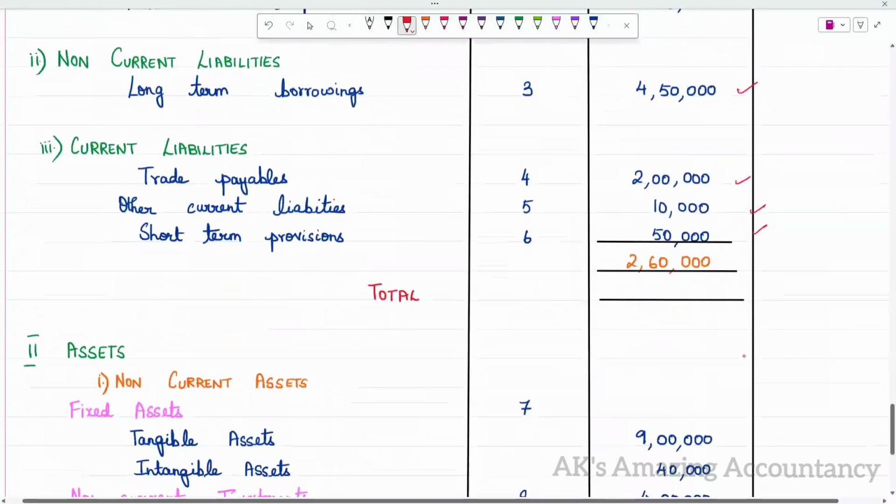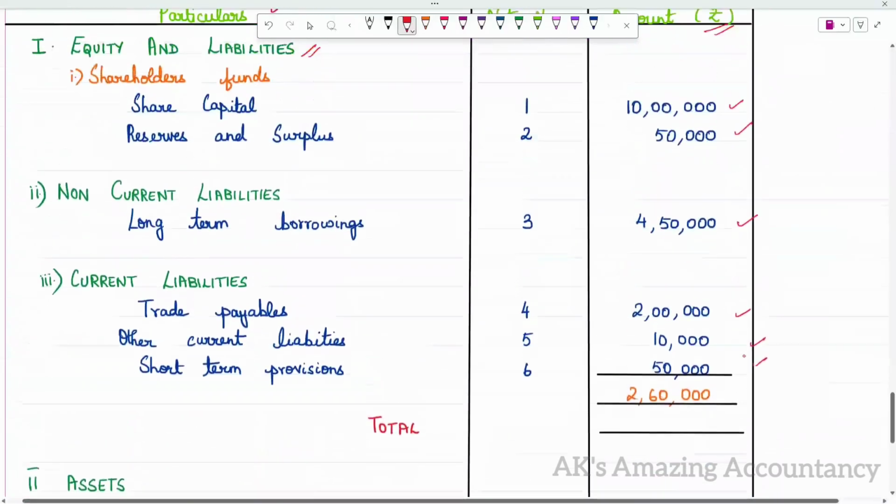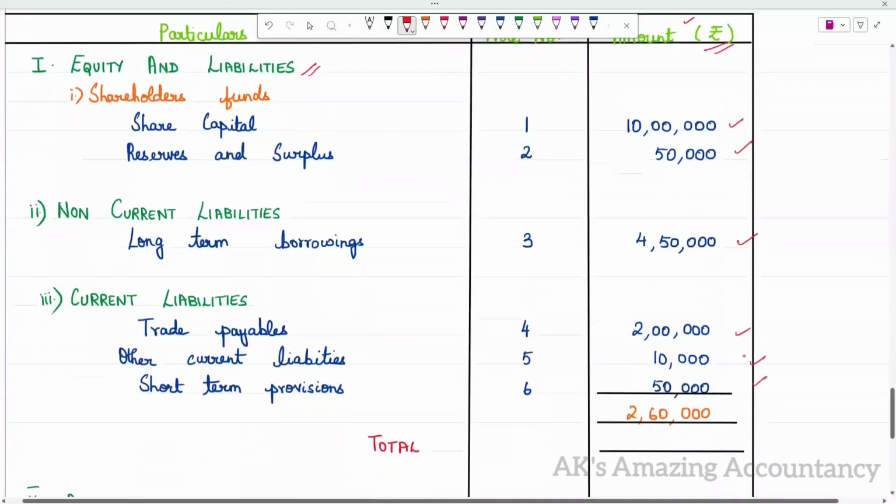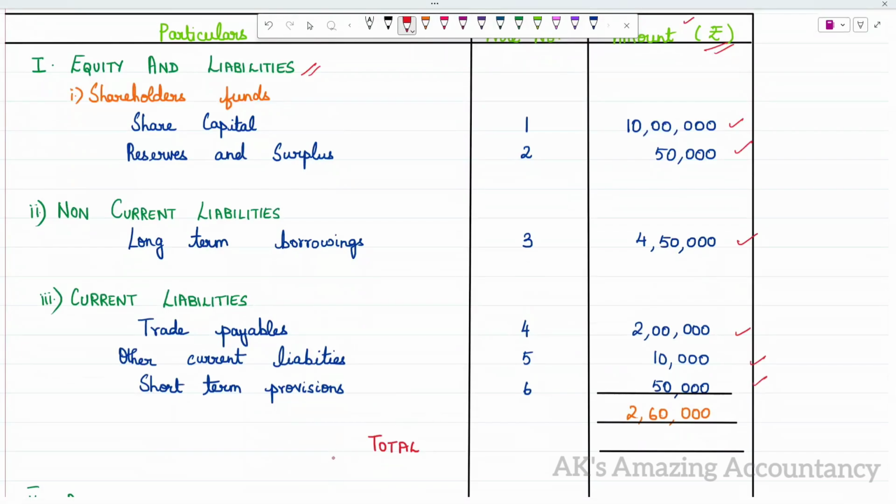Okay, right. So with this, the items coming under equity and liabilities get over. So we have to find out the total here. The total here is nothing but the total of 1 plus 2 plus 3. It is the total of shareholders' funds, non-current liabilities and current liabilities put together.